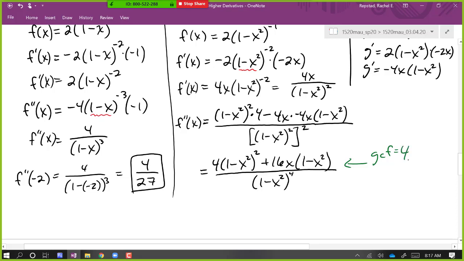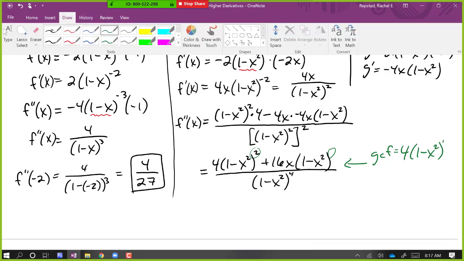We could take out a 4 for sure. What else? 1 minus x squared, and that's just 1 minus x squared to the first, because when I compare the exponents, I take out the least power. So we take that out.